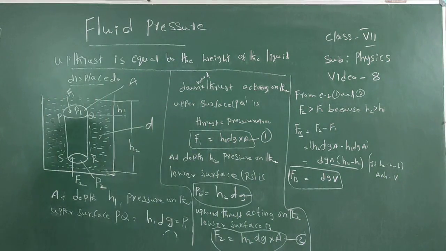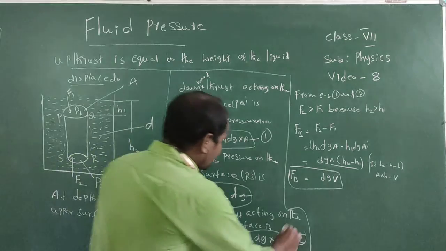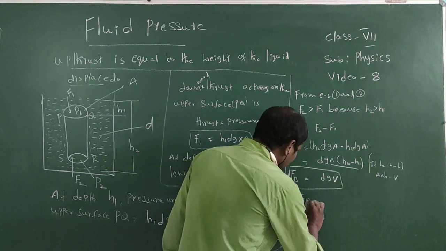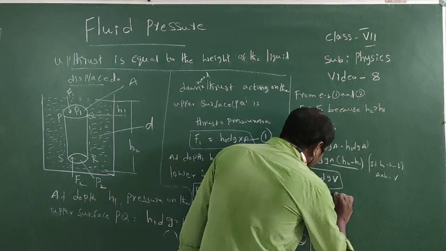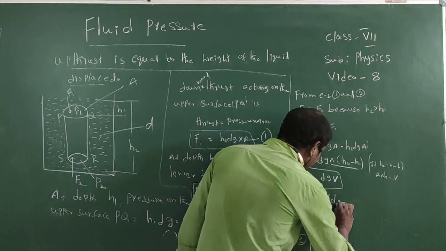So the buoyancy force FB equals V into d into g, that is the volume of the liquid, density of the liquid and acceleration due to gravity.